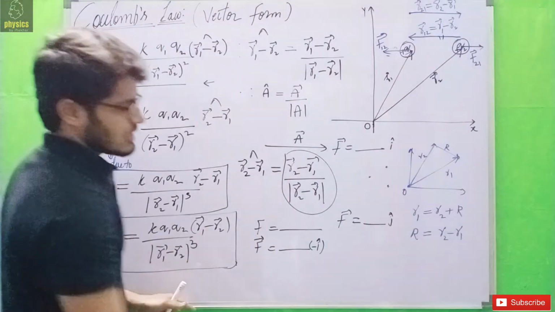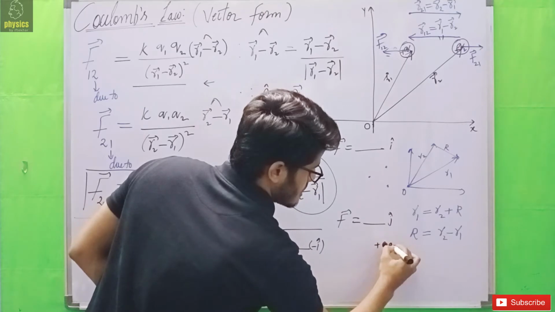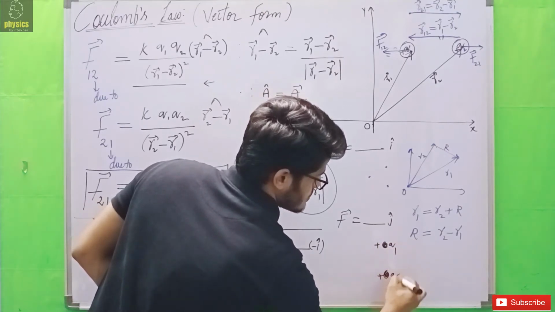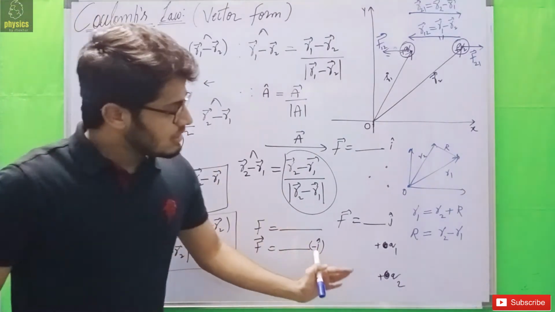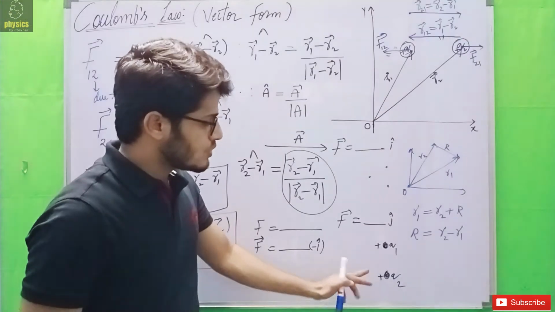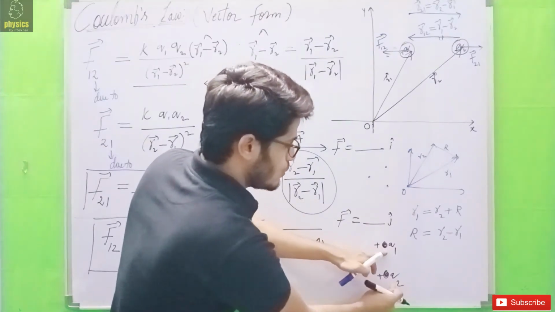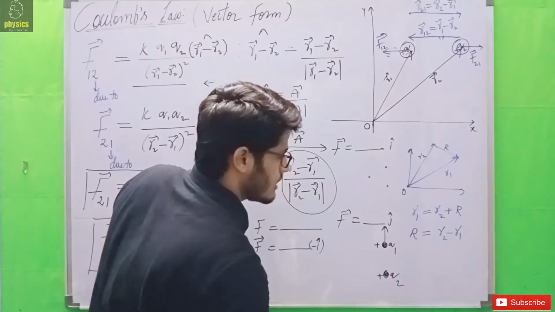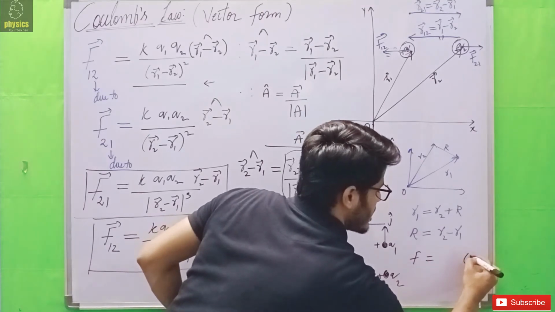For example, you have one particle here, a positive charge, and another positive charge here. So this is charge 1, this is charge 2. If I ask you the direction of the force on 1 due to 2, the force on 1 will be upward due to 2, so the direction will be j cap.